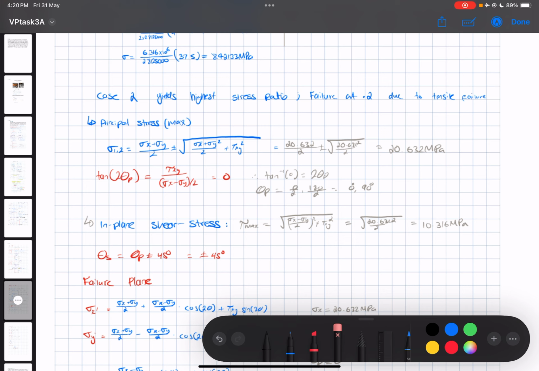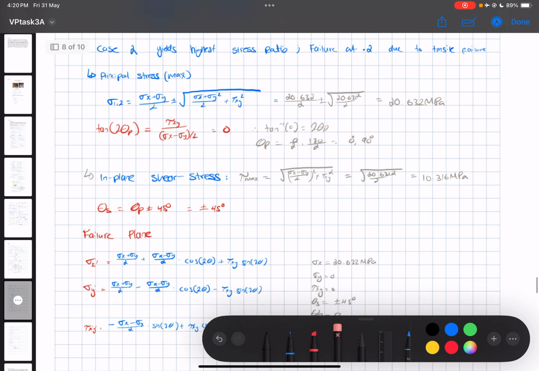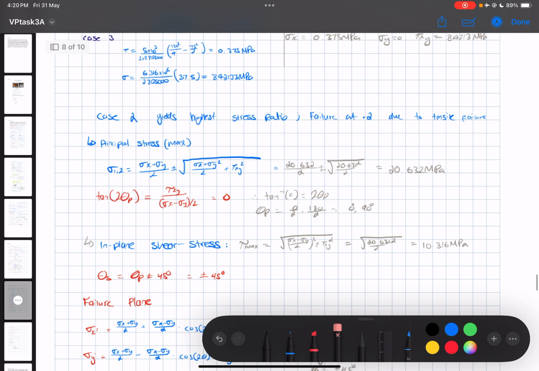So yeah, I went on to calculate my principal stresses, the maximum, using this formula. Sigma 1 and 2 is equal to (sigma x plus sigma y) divided by 2, plus or minus the square root of ((sigma x minus sigma y) over 2) squared plus tau xy squared. Keep in mind that sigma y is 0 for all of the cases for this assignment. And from here I was able to get my maximum principal stress to be 20.6 megapascal.